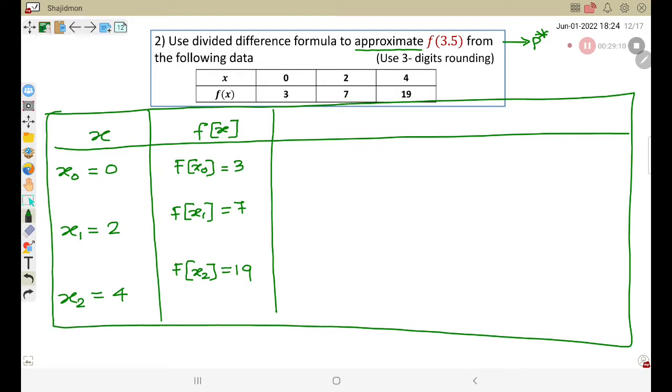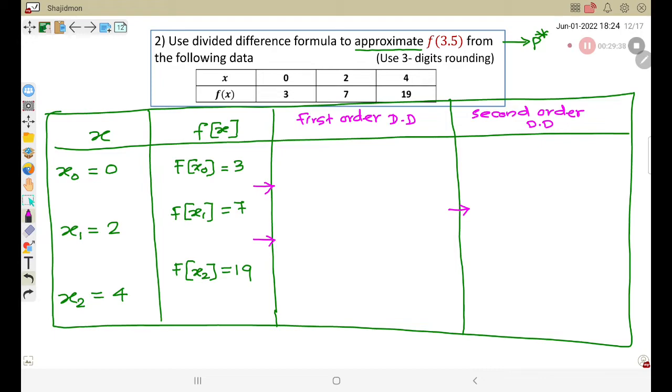Now we are going to calculate the divided differences. First order divided difference, second order divided difference. Here one number in the middle, then another in the middle. Here we are calculating the first order divided difference, and here the second order divided difference.